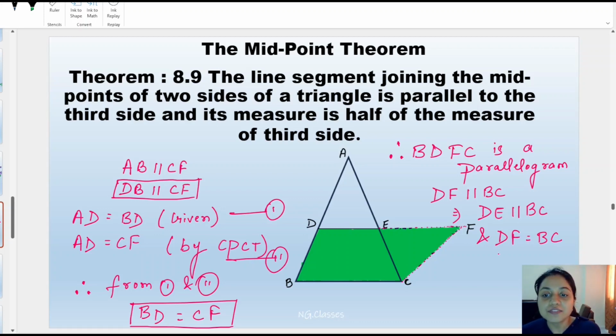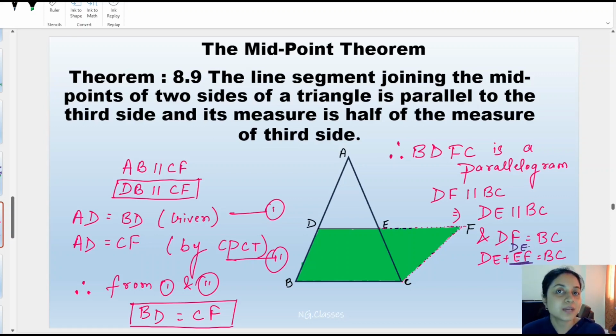Now this DF is the combination of side DE and side EF, that is BC. And since DE and EF are of the same length, at the place of EF we can write DE.